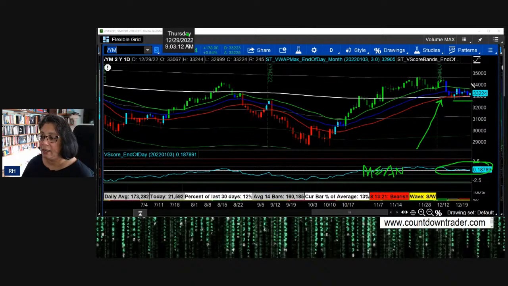Take a look at that. There is a lot of support there, much like the -1 standard deviation on the ES. This is the mean on the V score. And if we are going to continue to move higher in the Dow and the S&P, that really should act as the floor.